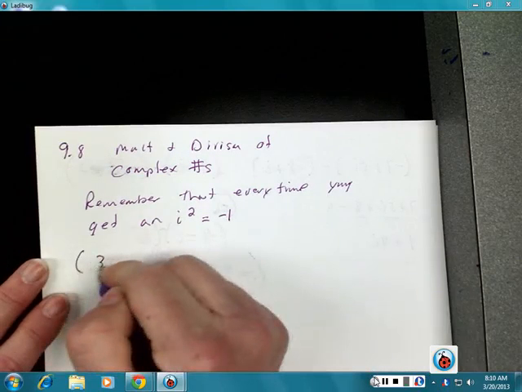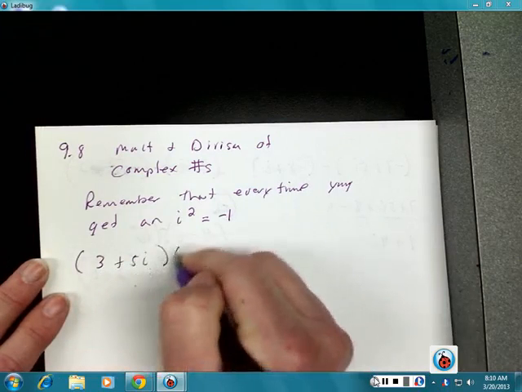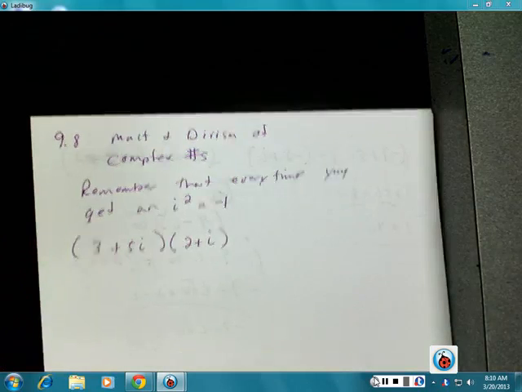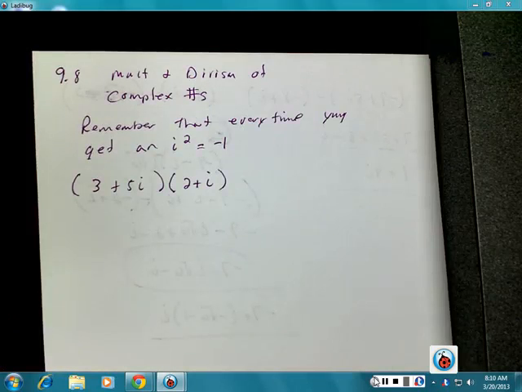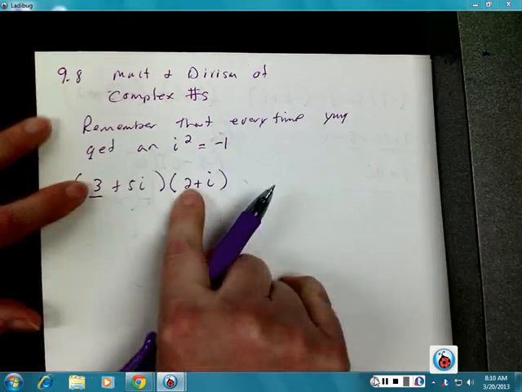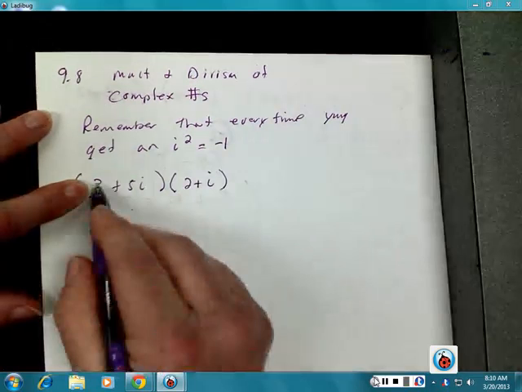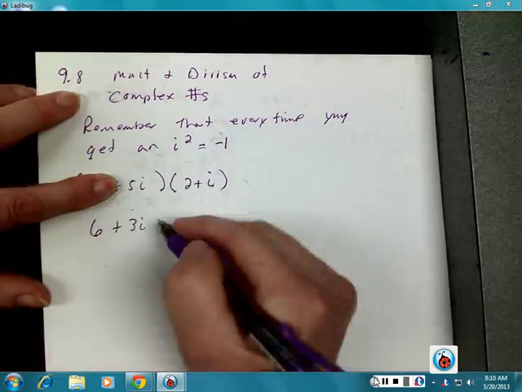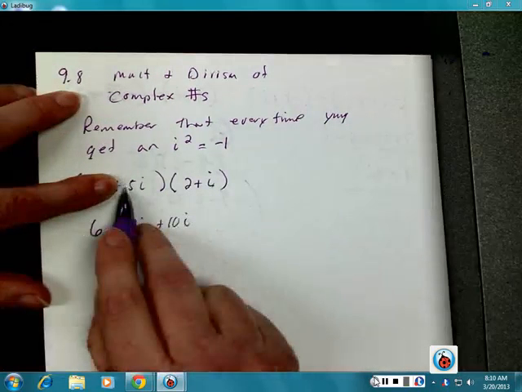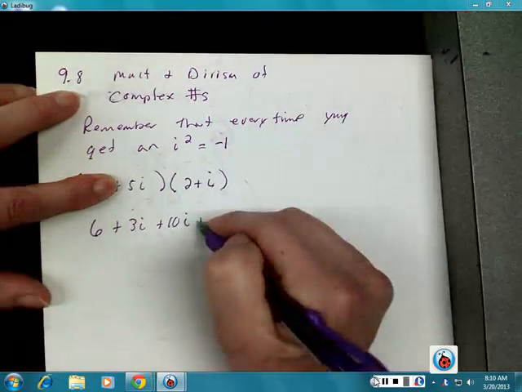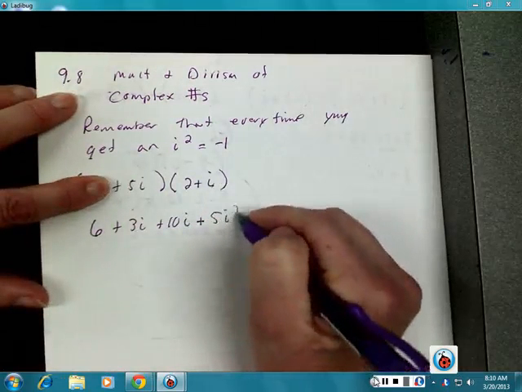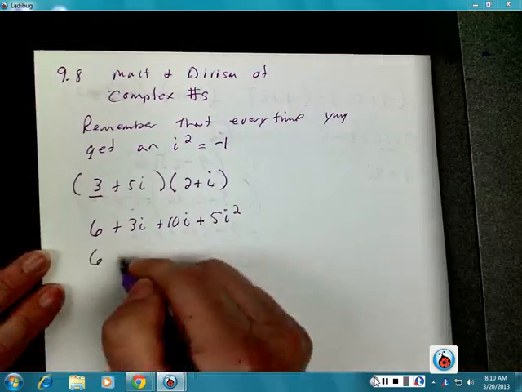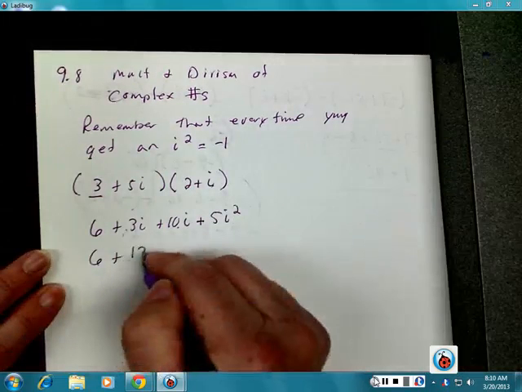So the first one we want to take a look at is 3 plus 5i times 2 plus I. If I'm multiplying that together, I'm going to use, again, FOIL. So 3 times 2 gives me 6. 3 times I gives me 3i. 5i times 2 gives me 10i, and 5i times I gives me a positive 5i squared. We all okay? Okay. So now, if I put stuff together, I have 6. 3i plus 10i is 13i.